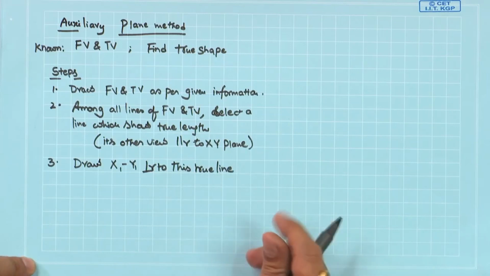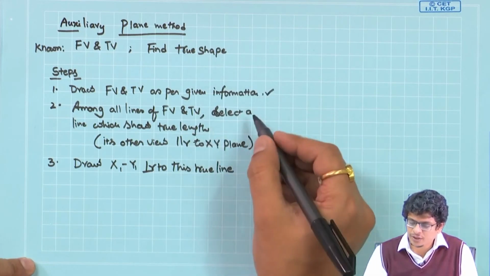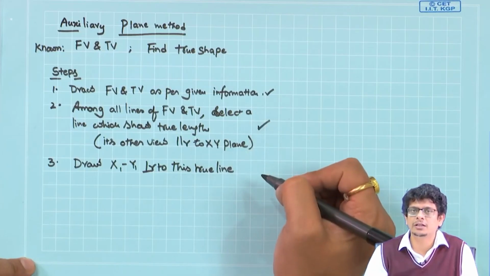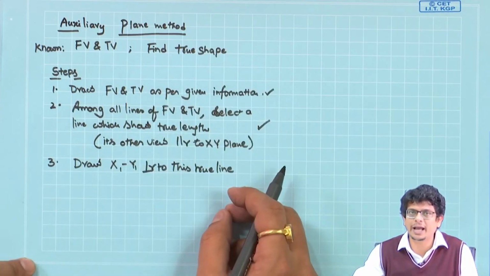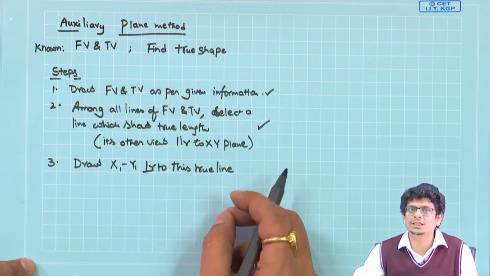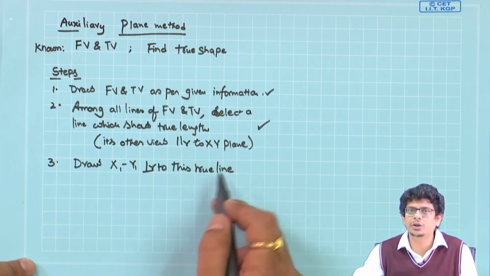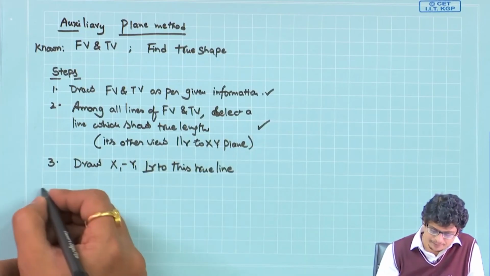So, first of all, one has to draw the front view and top view, then among all those lines pick a line which is showing true length. That means the other view is supposed to be parallel to the xy plane. Once it is done, perpendicular to that true length, draw one more x1 y1 line or plane.